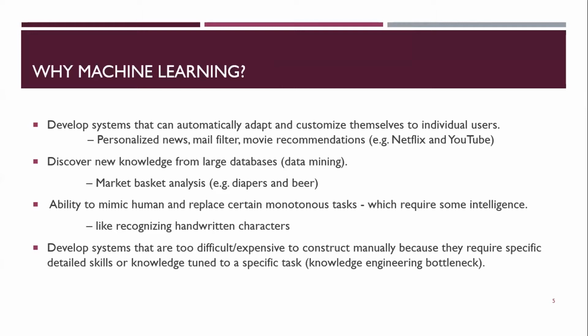And there are certain activities that humans do that are very repetitive and also require some intelligence. If you are able to train a computer to do that, it makes it easy to complete.